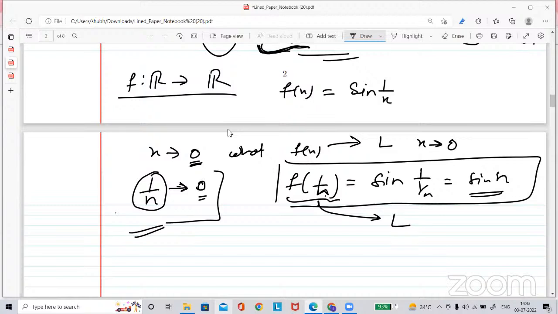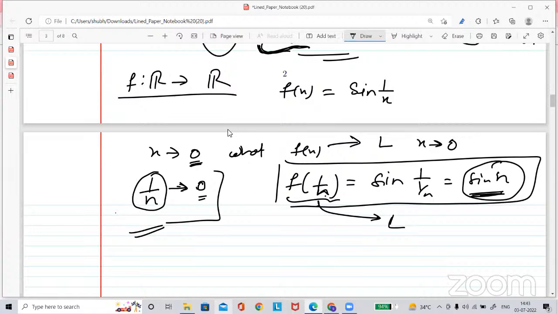But what we got here is that this sequence is not convergent, right?